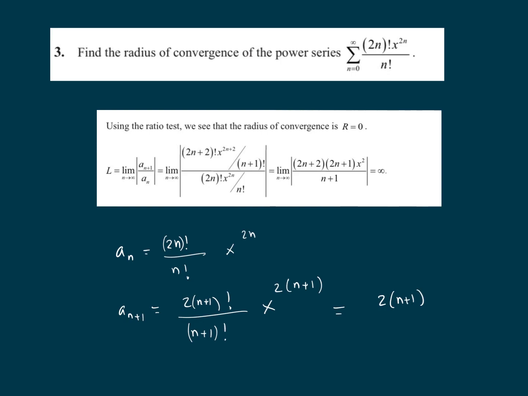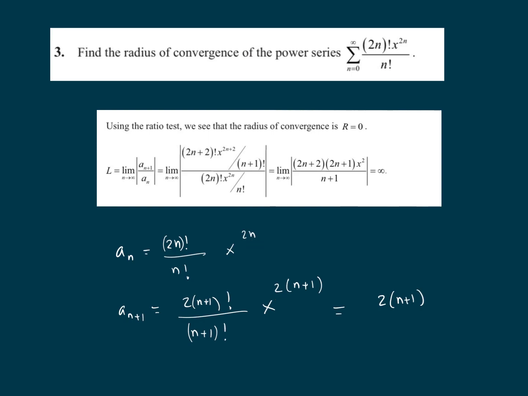Okay. So what is a sub n? Well, a sub n is 2n factorial divided by n factorial, multiplied by x to the 2n. And what is a sub n plus 1? Well, wherever you see an n, you write n plus 1.